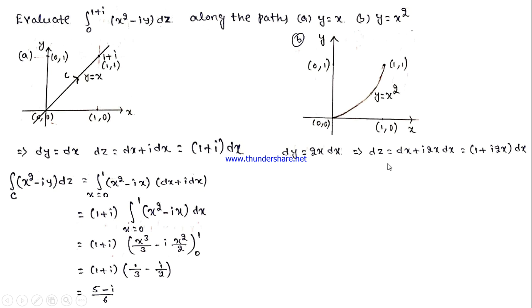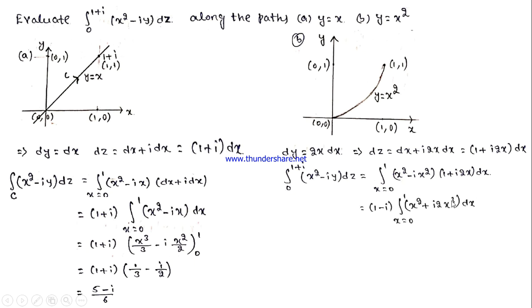In this case, if I substitute y is equal to x square, it will be our expression here: 1 minus i should be taken out, which is a constant, and x square was common here. x square is multiplied to this one to have this expression. Integrate, substitute the limits, and on simplification your answer is 5 plus i by 6.